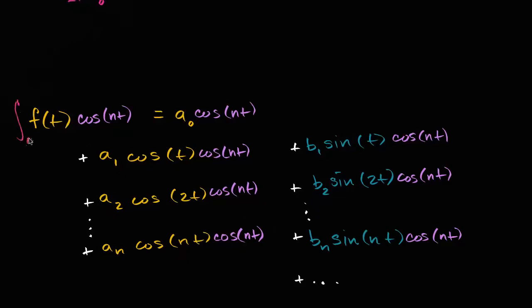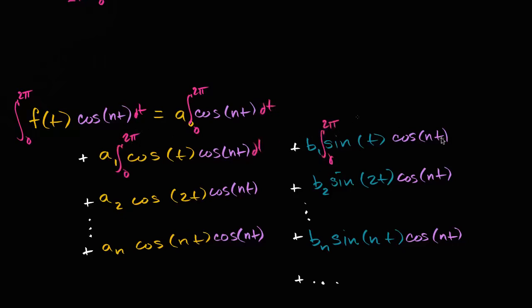So the definite integral from 0 to 2 pi dt, well, that's going to be the integral of this from 0 to 2 pi. And actually, let me just take that coefficient out of the integral. So 0 to 2 pi dt on each term, a little bit monotonous, but it's worth it.